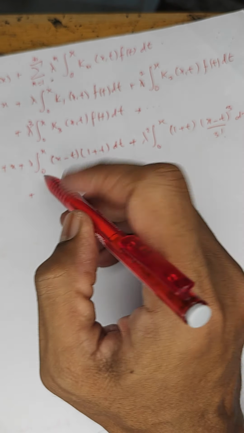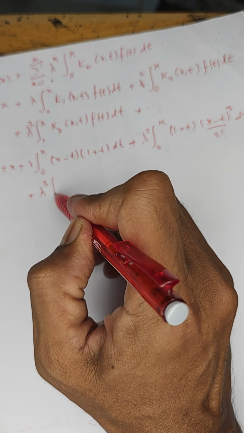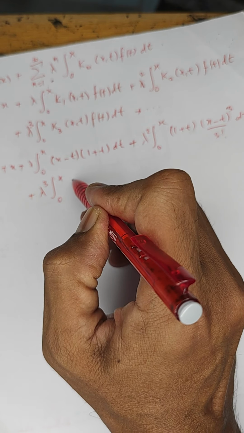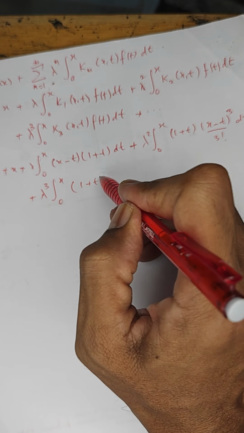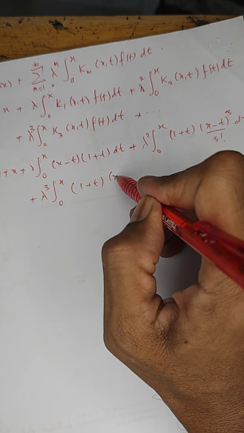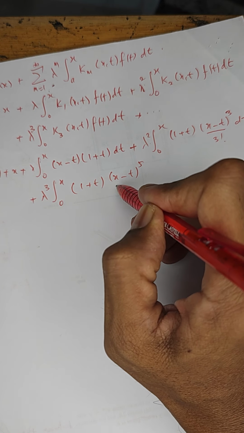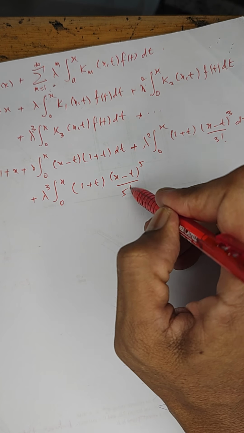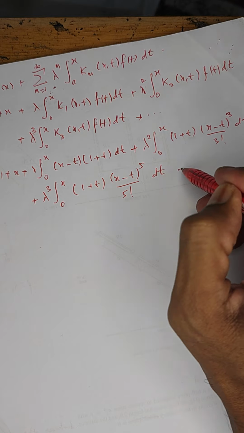And for the last term we have the integral from 0 to x of 1 plus t, this is f(t), and then x minus t to the 5th over 5 factorial dt, and so on.